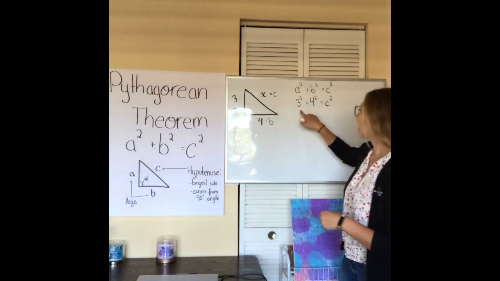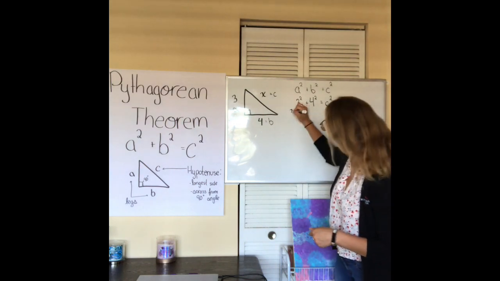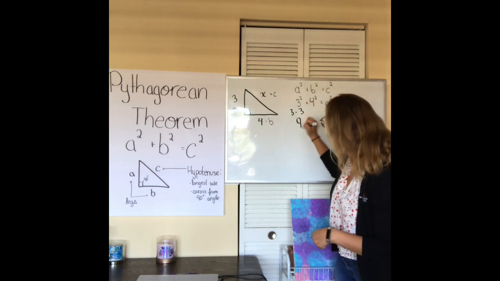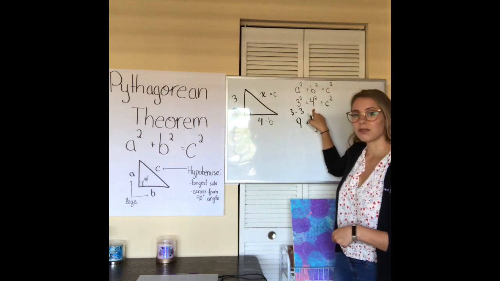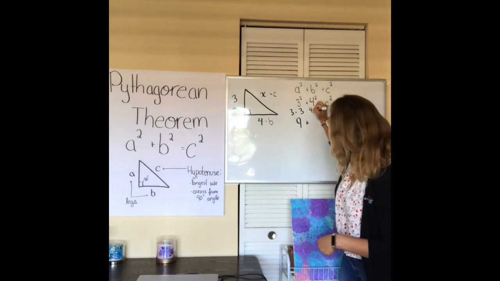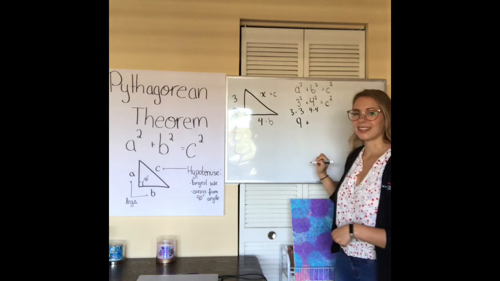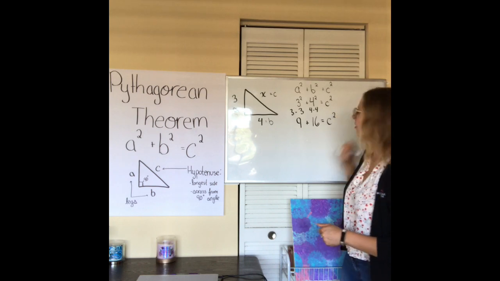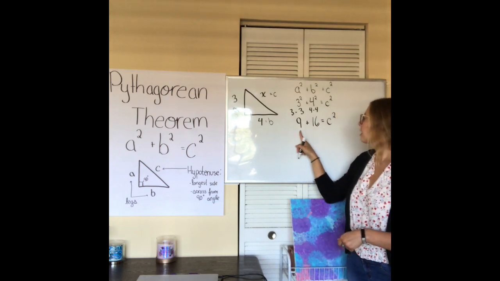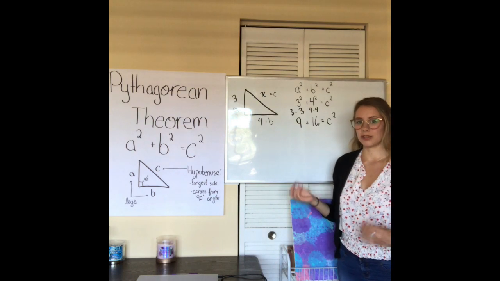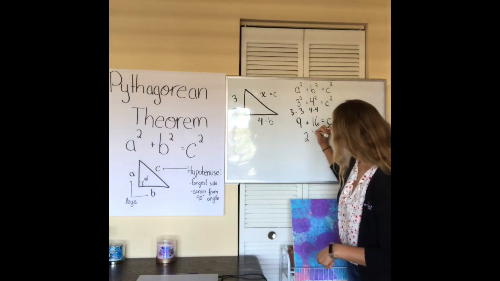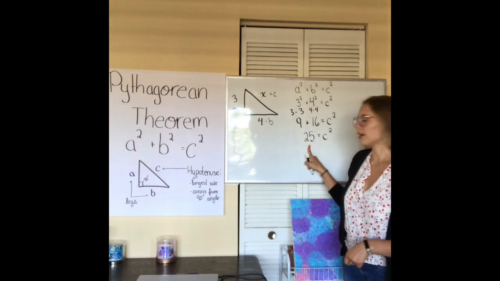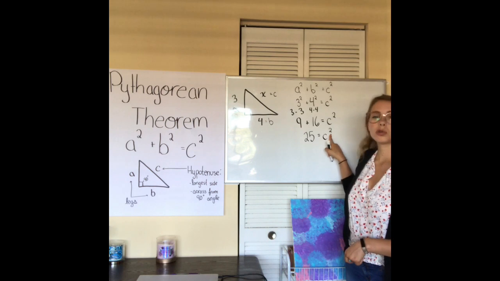We need to find 3 squared, which is 3 times 3, which equals 9, plus 4 squared, which is 4 times 4, which is 16, equals C squared. Now on this side of the equation, we have 9 plus 16, which gives us 25. Now we have a number equals a variable squared.